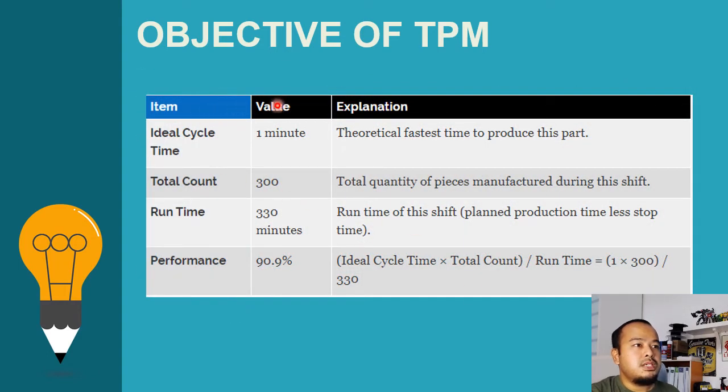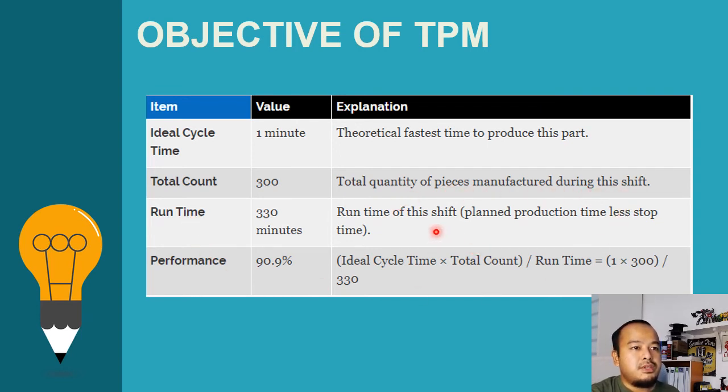So these are the definitions for each item. Ideal cycle time, for example, we have 1 minute as our benchmark, the fastest time. Total count, for example, is 300: the total quantity of pieces manufactured during this shift.